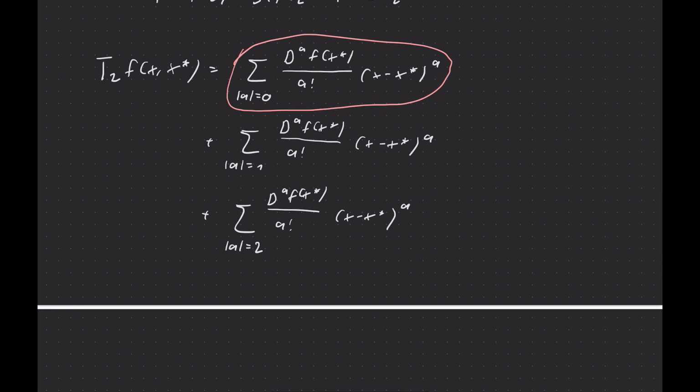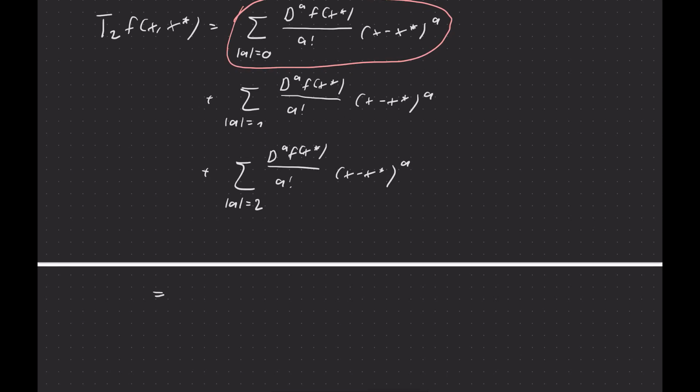And basically what that means is the differential to that order is just the function itself. Yeah, and x to the power (0, 0) is just 1. And the factorial of (0, 0) was 1 again. So what happens in this case is simply this becomes f of x star.